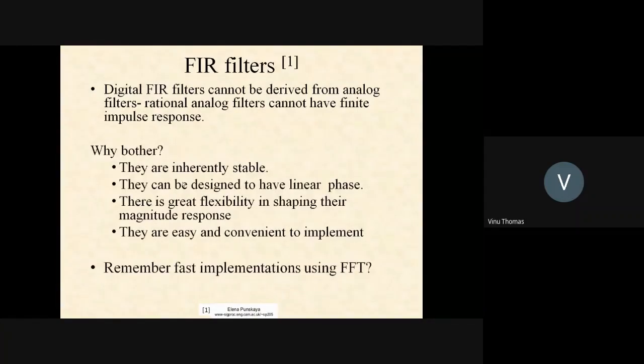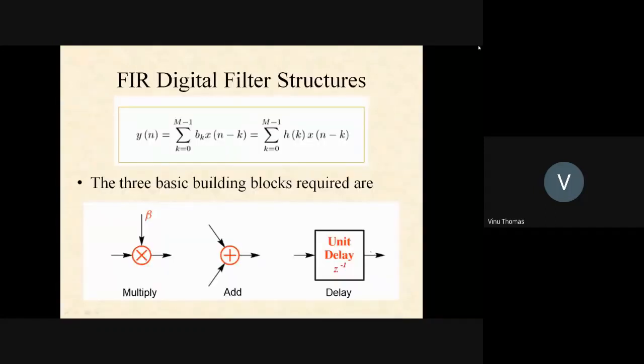So we have seen that they are inherently stable, that they are easy and convenient to implement, and also that they can be implemented using FFT, and this implementation method is often very fast. Okay. Now we will look at FIR digital filter structures. I had drawn an FIR digital filter structure earlier.